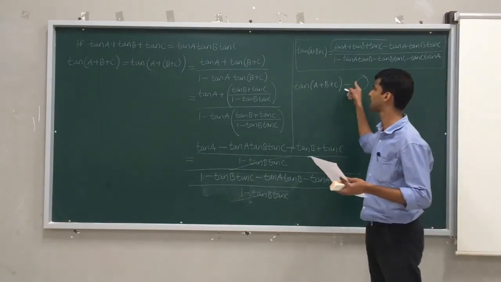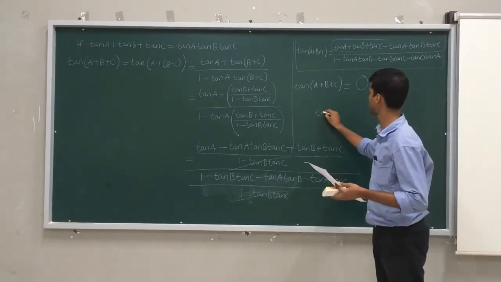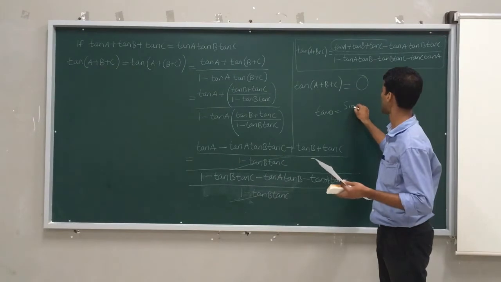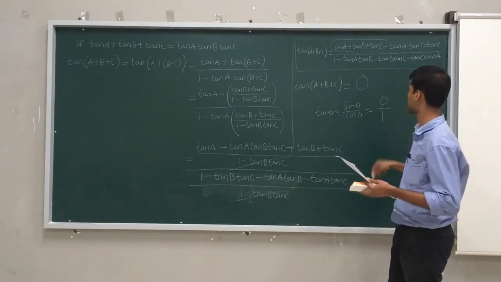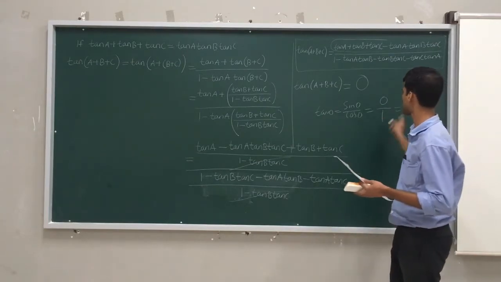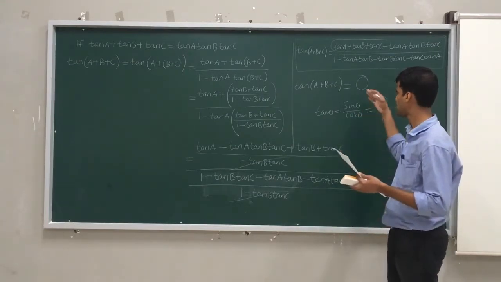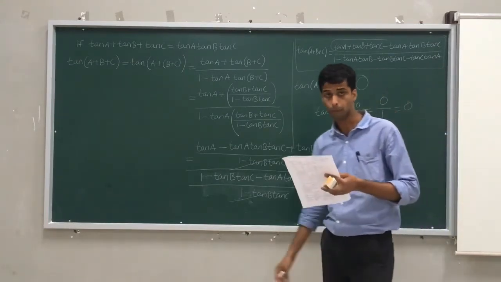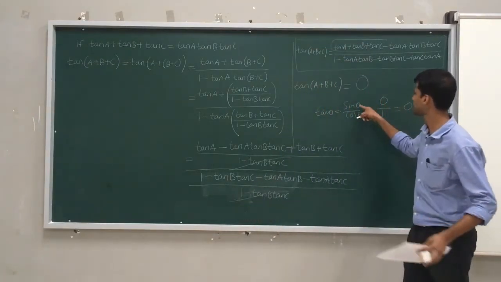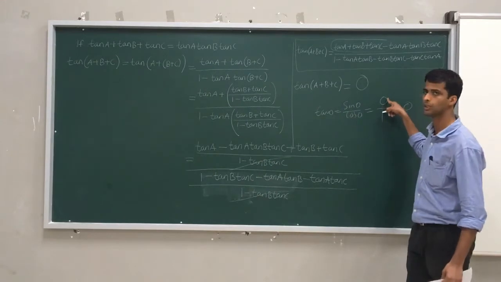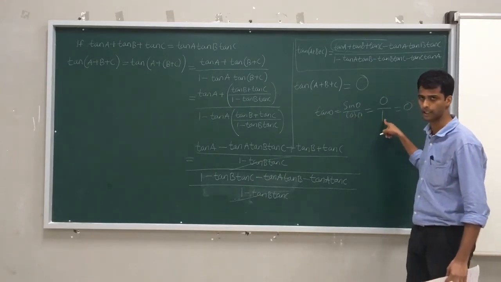So when tan is 0, tan 0 is equal to sin 0 by cos 0. Sin 0 is 0, cos 0 is 1. What is 0 by 1? 0. So tan becomes 0 if the angle is an integral multiple of pi, because sin gives 0 while cos gives 1.